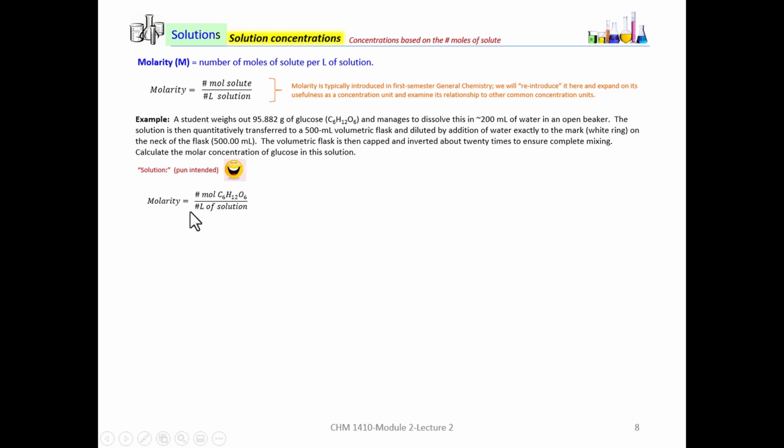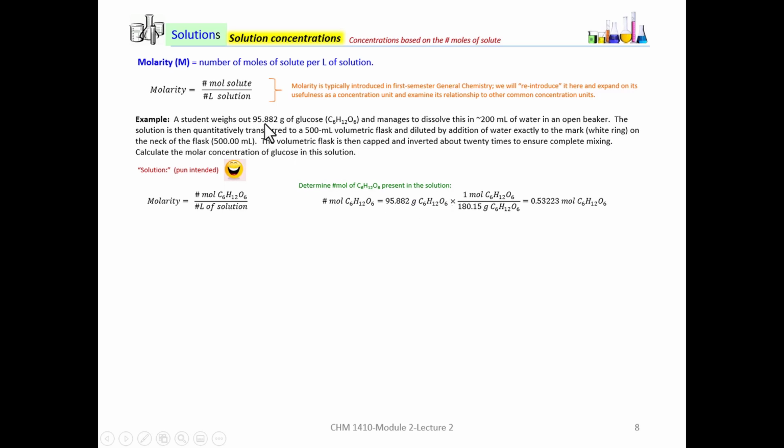Well, molarity, remember, is defined as the number of moles of solute, in this case glucose, divided by the number of liters of solution. So let's determine the number of moles of glucose present in the solution, and that's pretty straightforward.